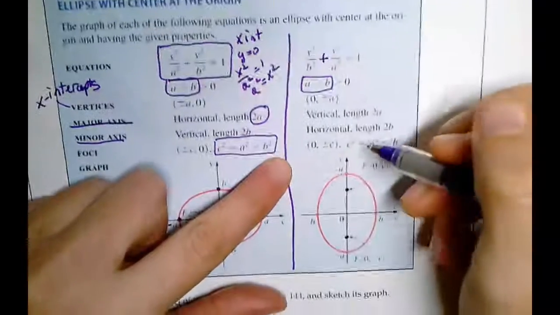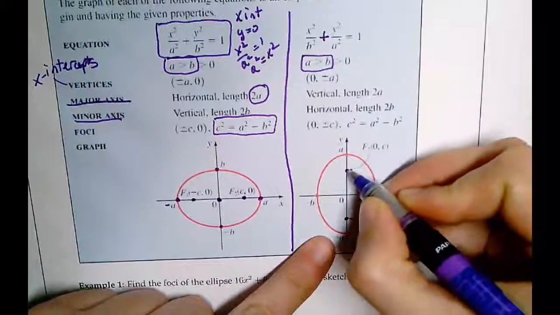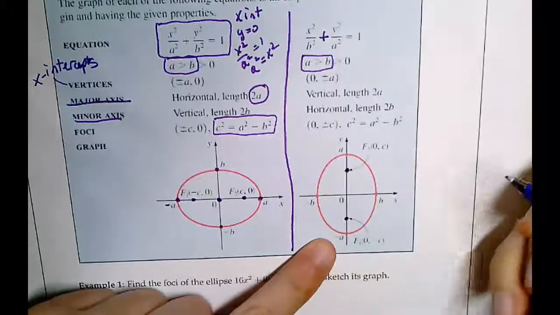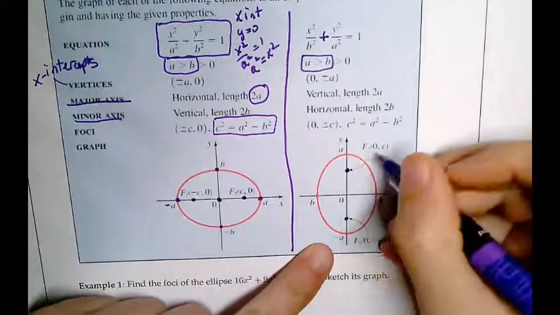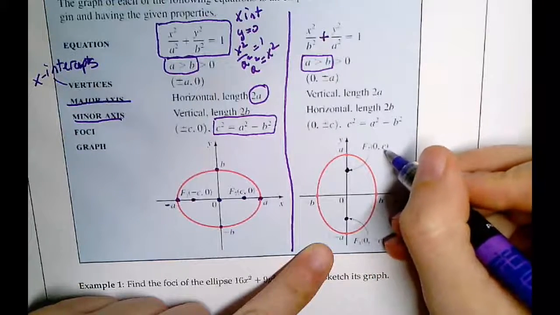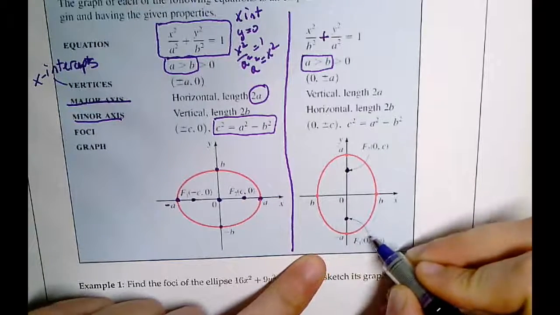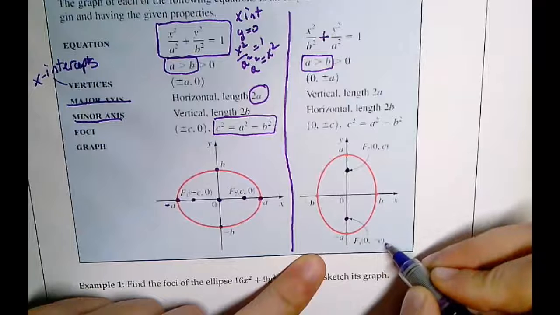So the coordinate of the first focus is 0 for x and c for y, so (0, c). And correspondingly, the other one is 0 for x and negative c for y.